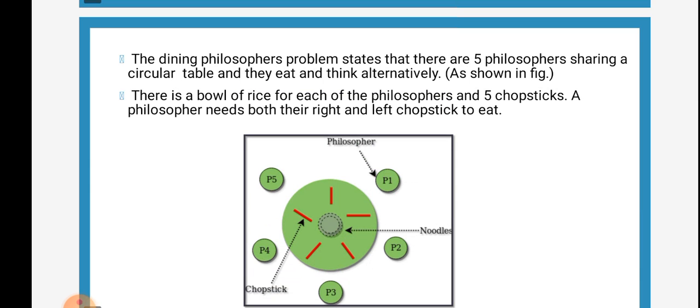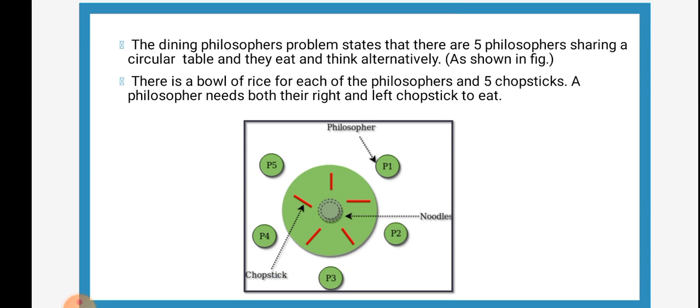The dining philosophers problem states that, as you can see on the slide here, there are 5 philosophers. They are going to sit and share a circular table, and they are going to eat and think alternately. They sit on their particular chairs, and in the center of the table they have kept one bowl.